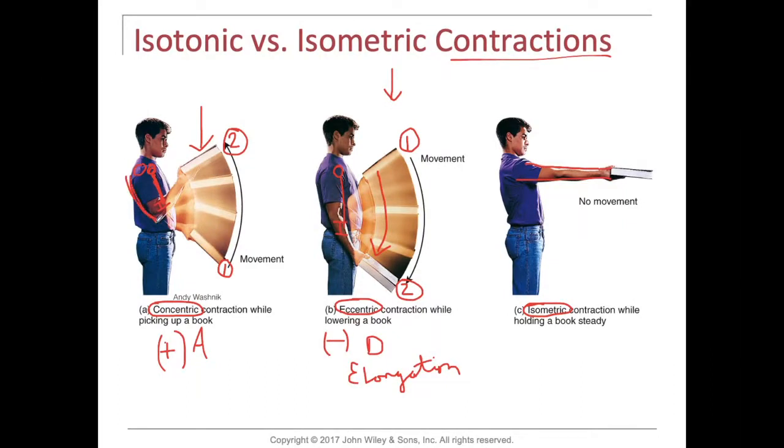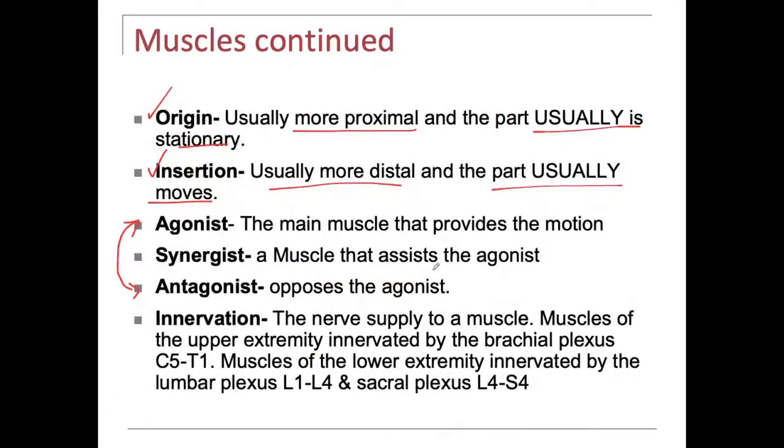So that would be the triceps back here. So the triceps could be an agonist for elbow extension, and then the biceps would be antagonistic to it. Or the biceps is the agonist for elbow flexion, and the triceps are antagonistic to that. So agonists and antagonists are always on opposite sides of the body.